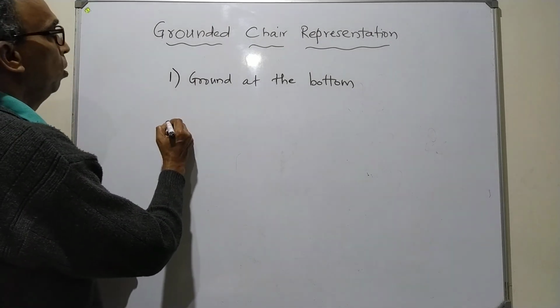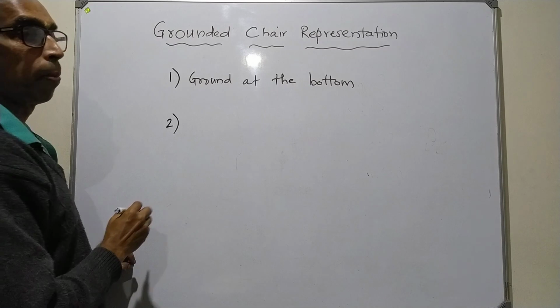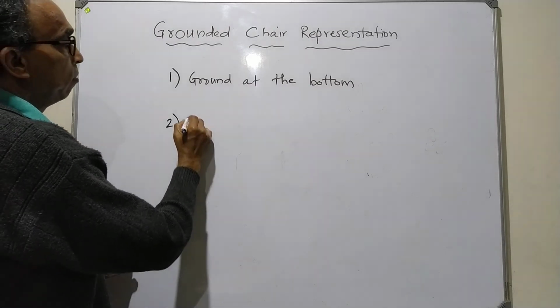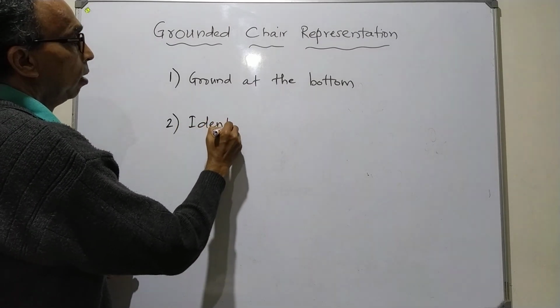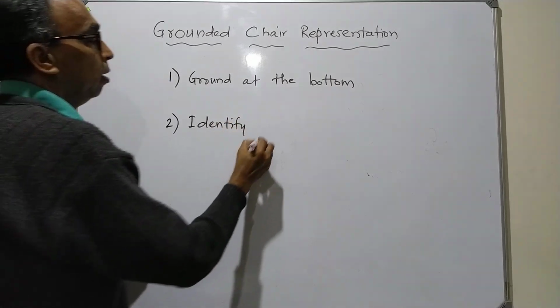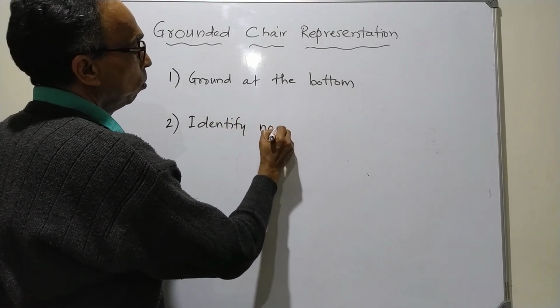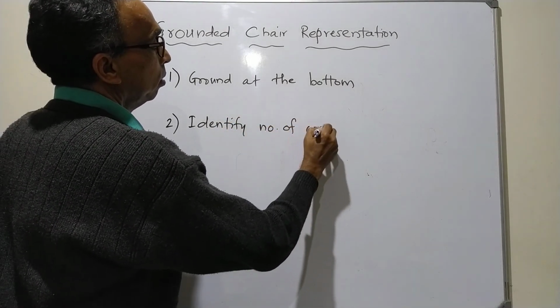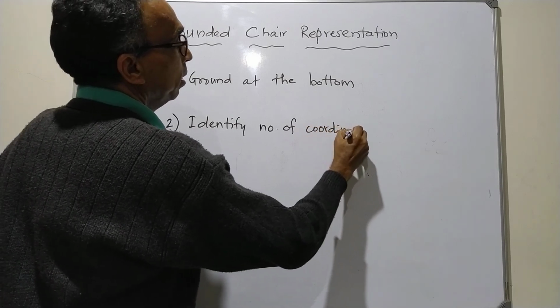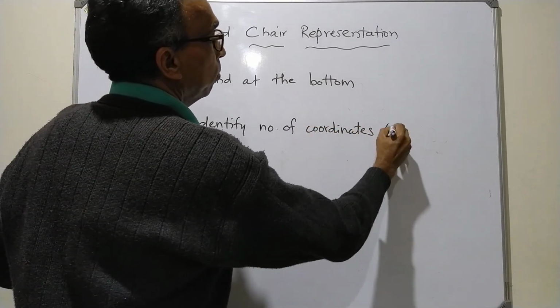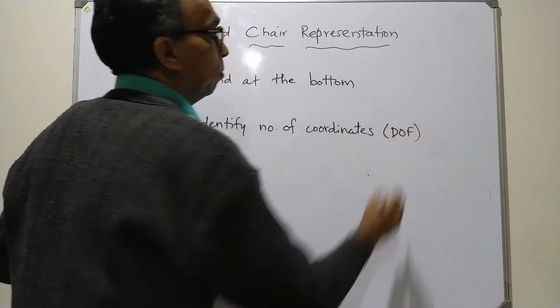Second important rule: identify the number of coordinates. Coordinates means degrees of freedom.